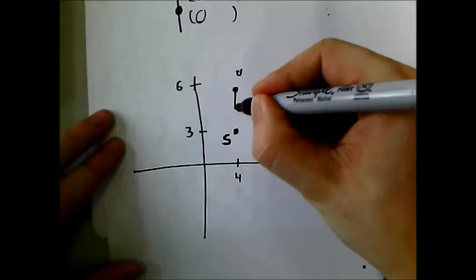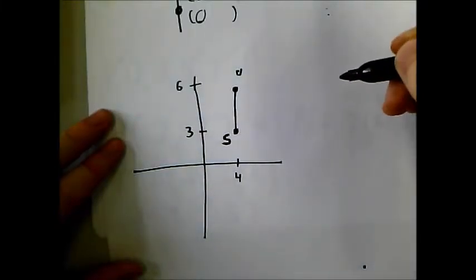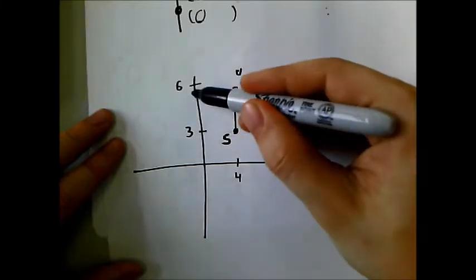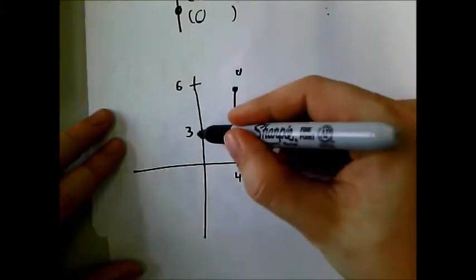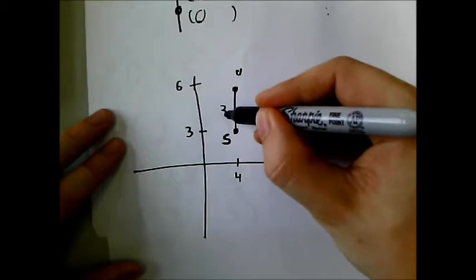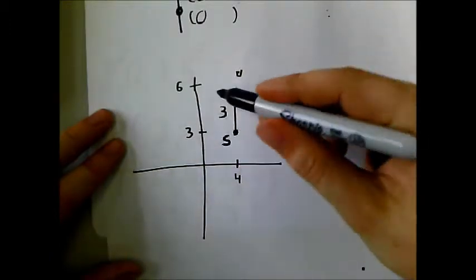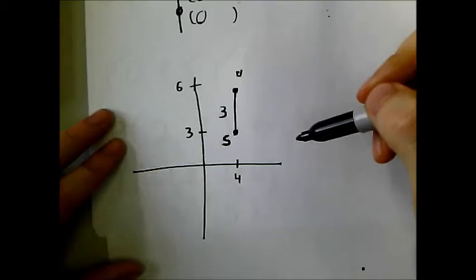So I already know that this line here is a side of the square, and I can see that the length of this line is 6 subtract 3. So the length of this line is 3. So I know the remaining lengths of the lines are also going to be 3 because it's a square.